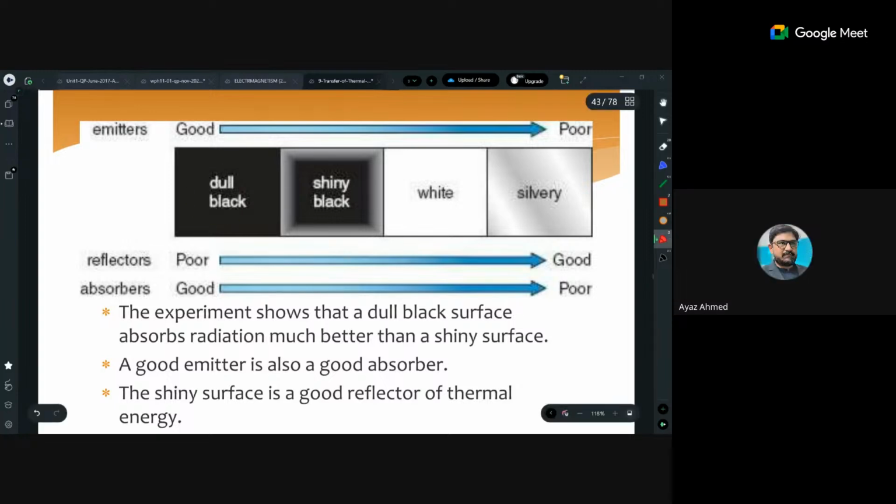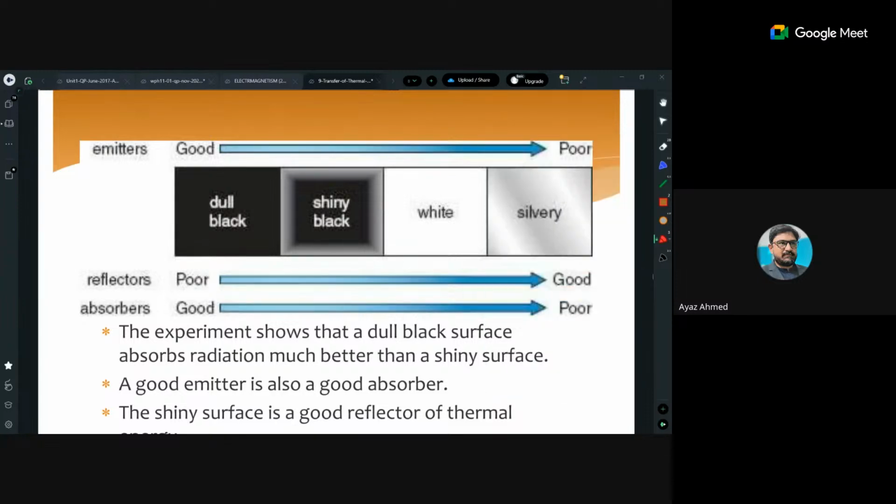This is the dull black surface, then it is shiny black surface. This is white and this is silvery polished surface. So dull black is a very good emitter of only radiations. Please remember this, that it is only radiation. The reflection is poor, it will absorb all.